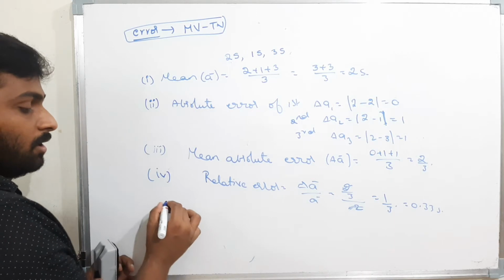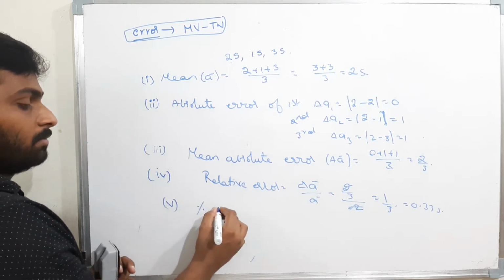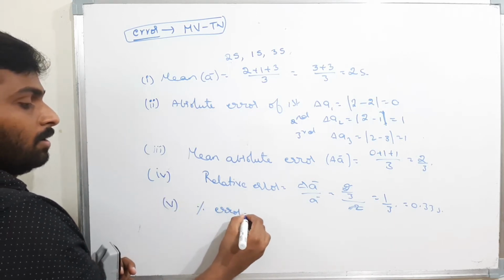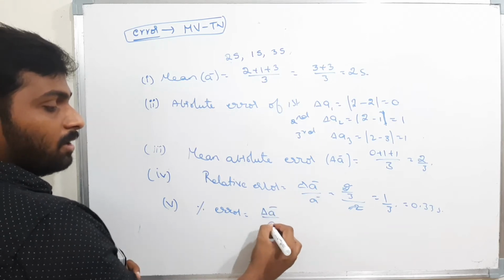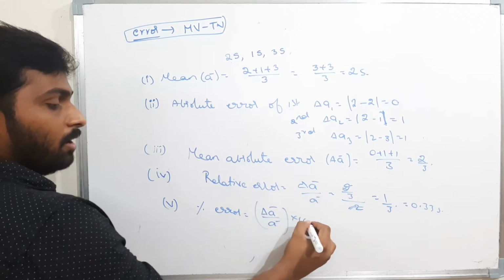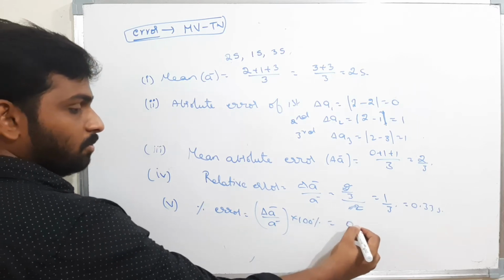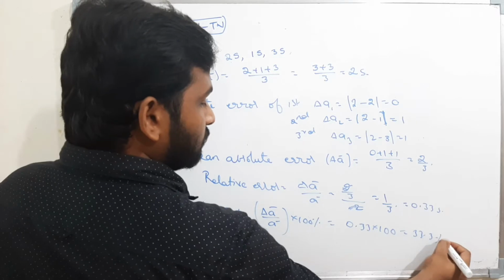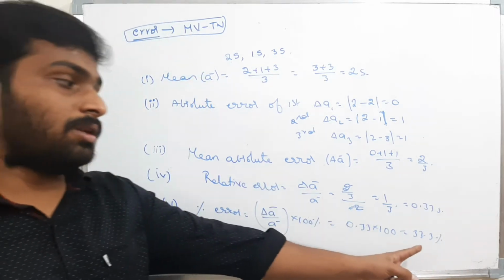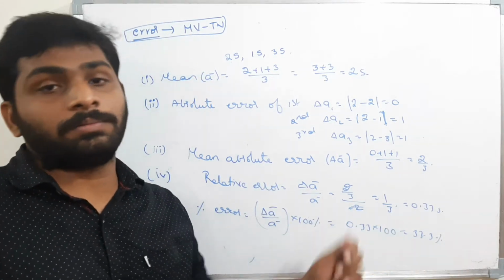Now the fifth one, percentage error. The percentage error is nothing but the relative error, that is delta A bar by A bar into 100%. It's nothing but 0.33 into 100, which is nothing but 33.33%. That means in the measured value 33.33% of error is there.